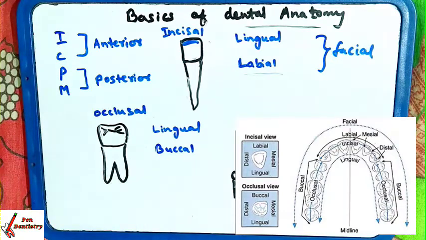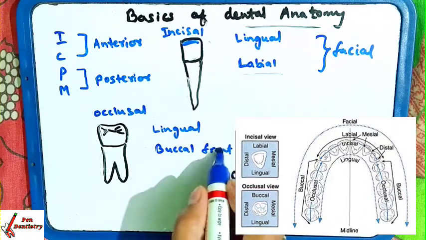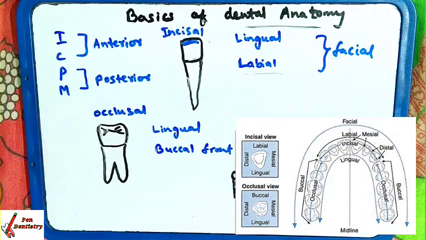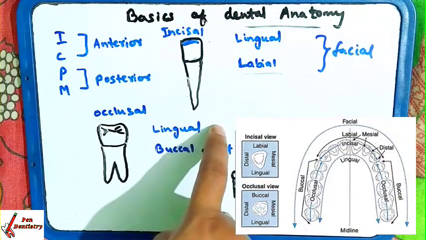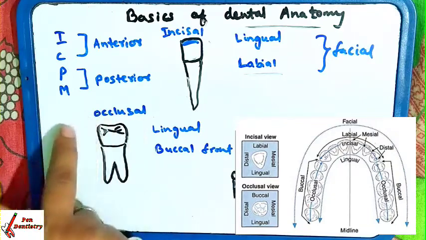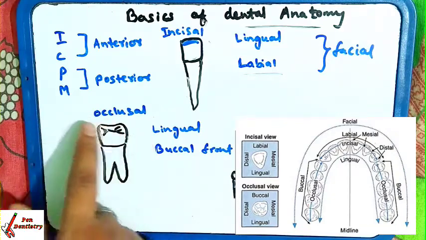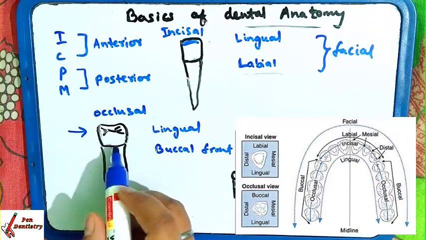The face you can see from the front side is known as the buccal, and opposite to the buccal is known as the lingual.